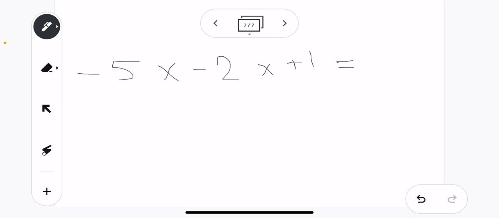This is an even number because 1, 2 negatives. So an even number of negatives is going to result in a positive value. So 5 times 2, 10, times 1, so it's positive 10.